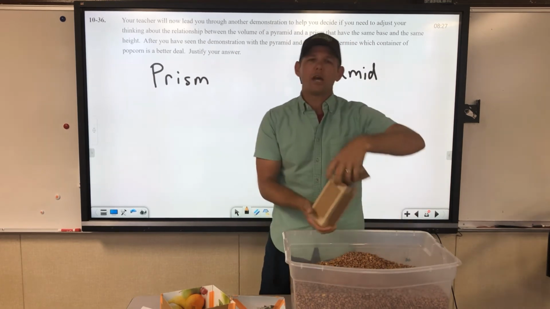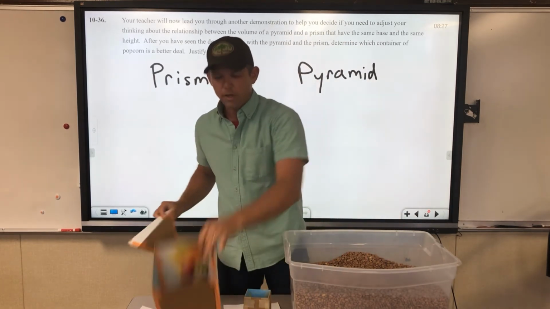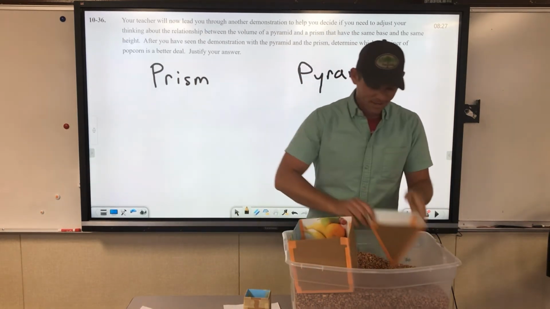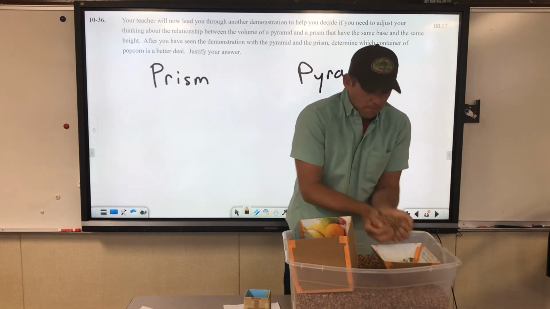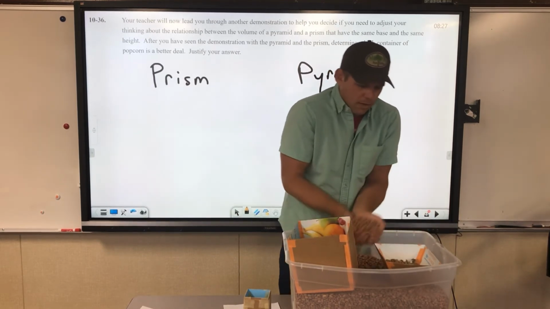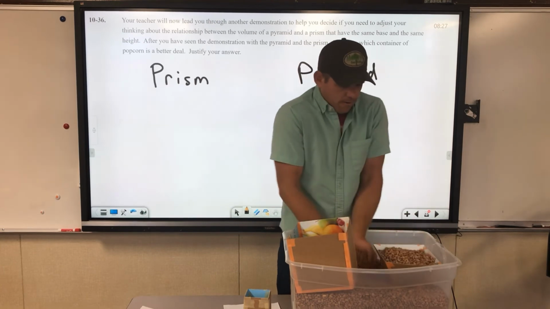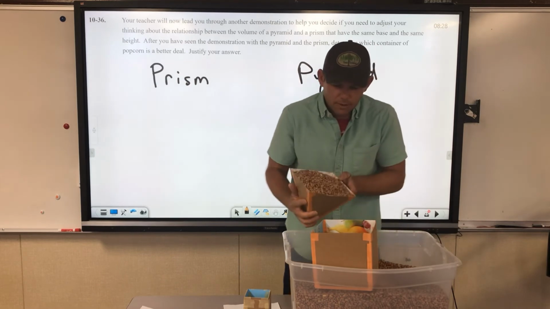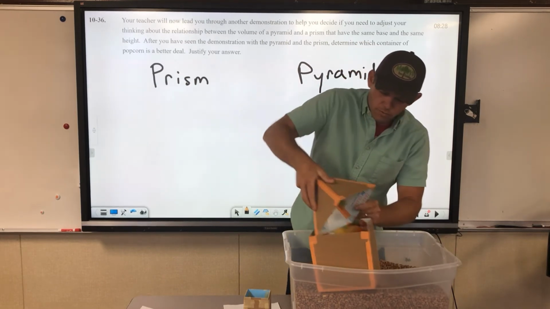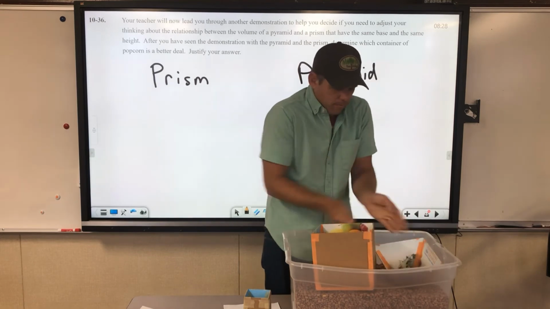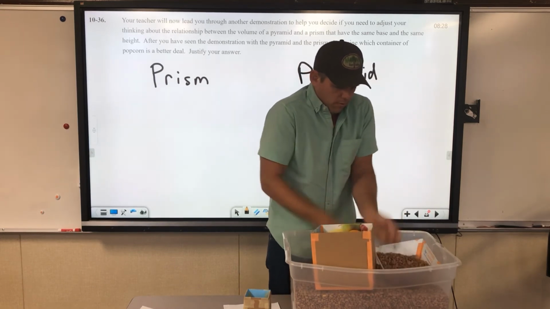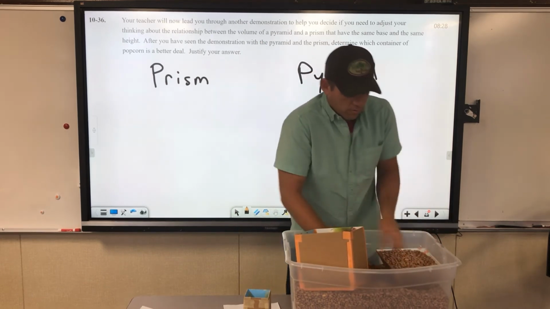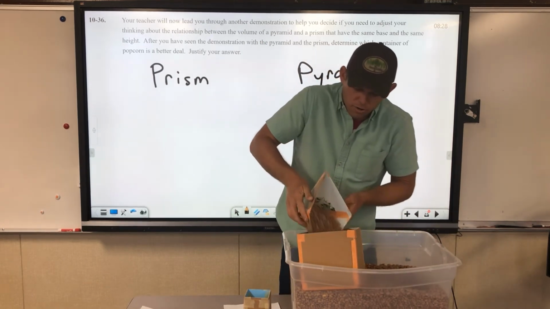Well, maybe it's just the pyramid and prism you're using, Mr. McCoy. Let's go ahead and, now this is my type of jumbo popcorn. That would be yummy. Okay, so here we go, scoops. I gotta scoop it a little bit differently here. All right, 1 jumbo scoop. Here comes 2.